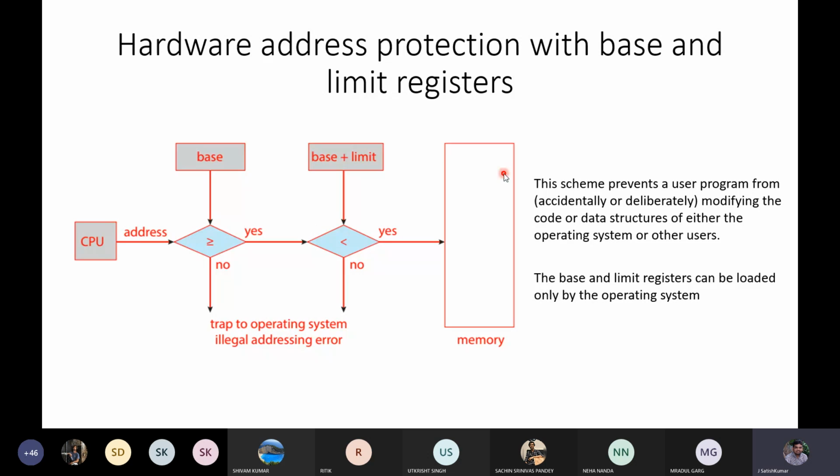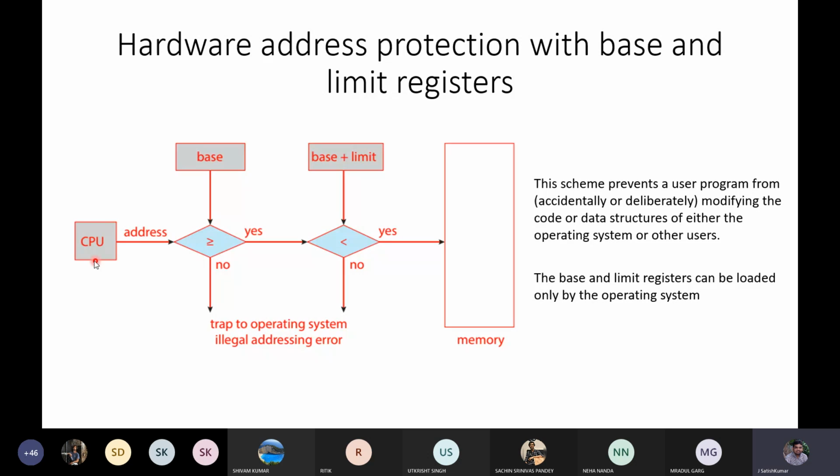So the problem here is how the CPU will calculate the address and how the main memory will store the address. They both are different. The address that is generated by the CPU, we call a logical address. The address actually stored in the main memory, we call a physical address.